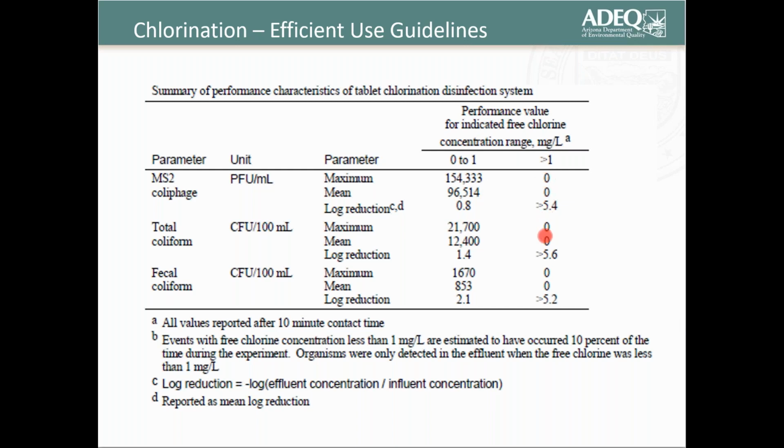You've got 0 CFUs for all 3 of these particular organisms. And notice it says all values reported are after a 10-minute contact time. So you need at least 10 minutes. They don't give information about temperature, but I assume it was probably also around 70 degrees Fahrenheit.